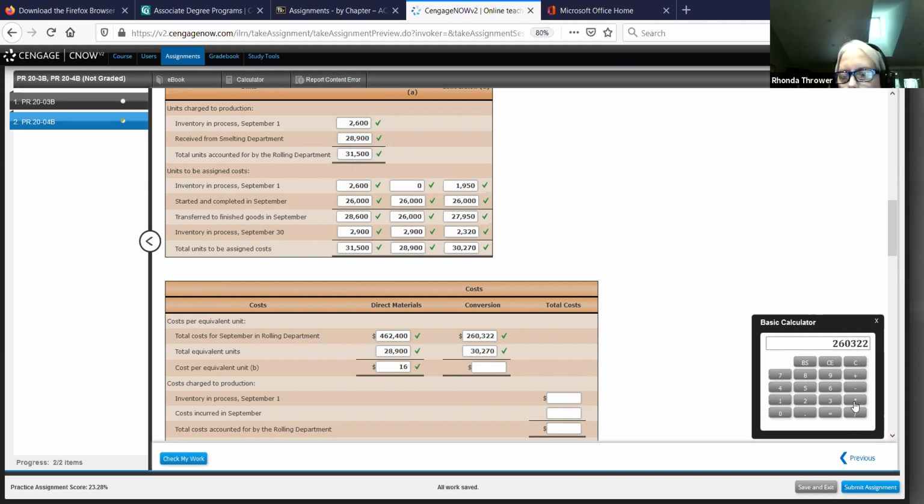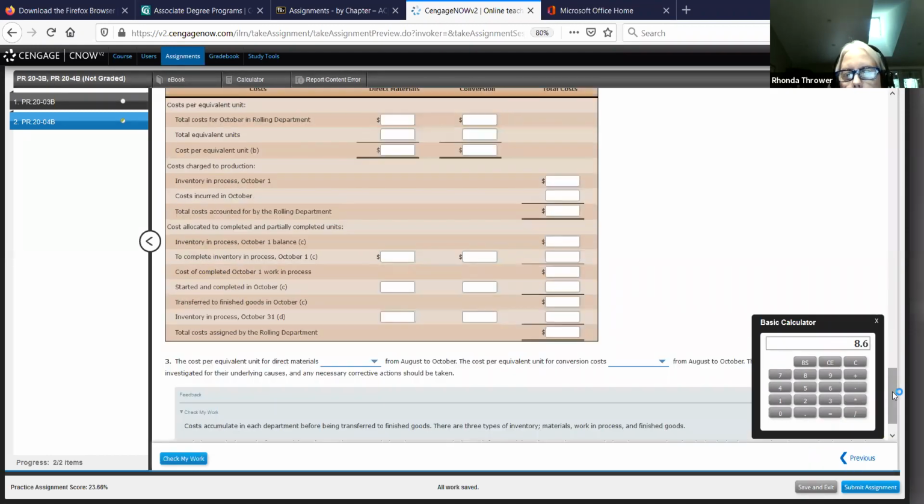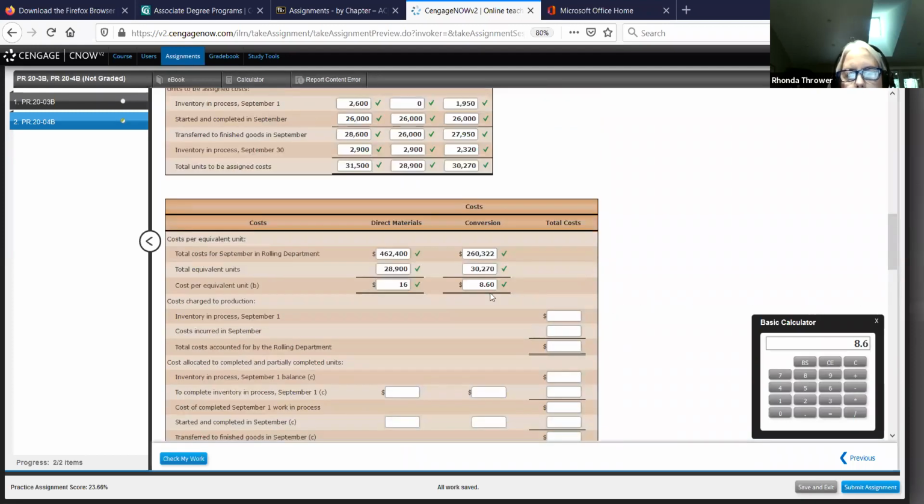We're going to divide that by 30,270 units. And that's going to give you $8.60 as the equivalent unit for conversion. Check your work. You have to have this correct before you can move on.